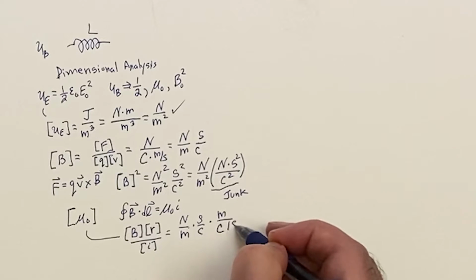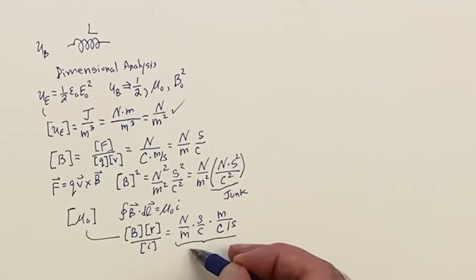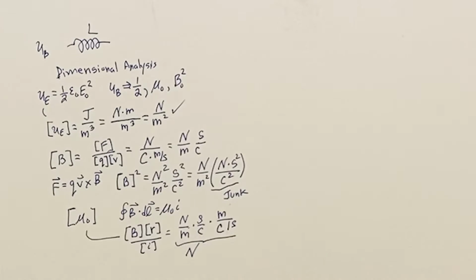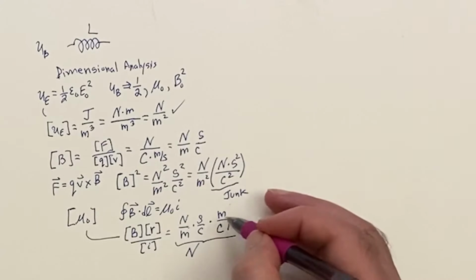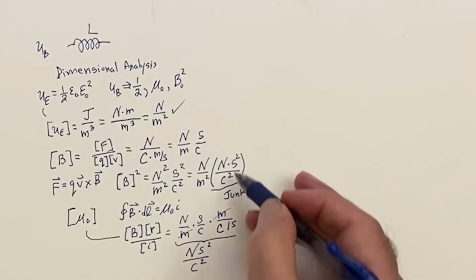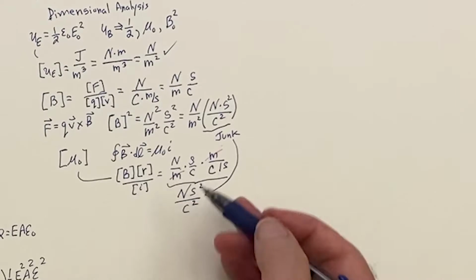And if I look at this thing, I see that I'm going to have Newton, the meter is going to cancel out, right? So that goes. And then the second comes upstairs, and I get Coulomb squared, but that is the junk. That's what I want to get rid of, so let's divide by that.